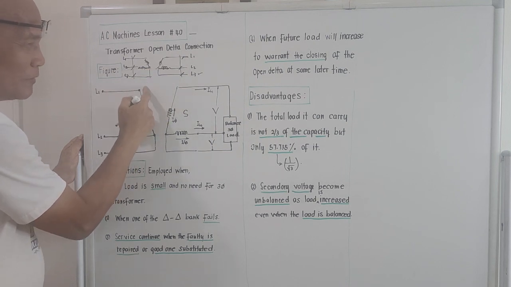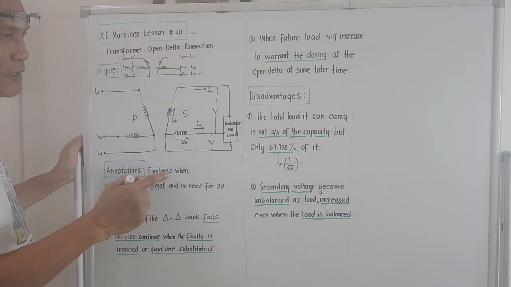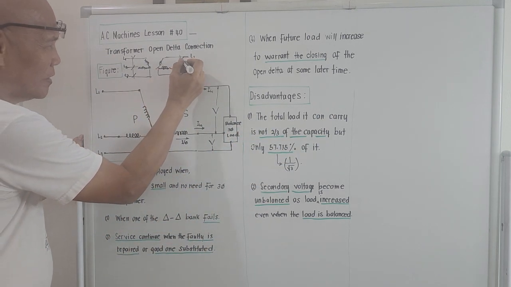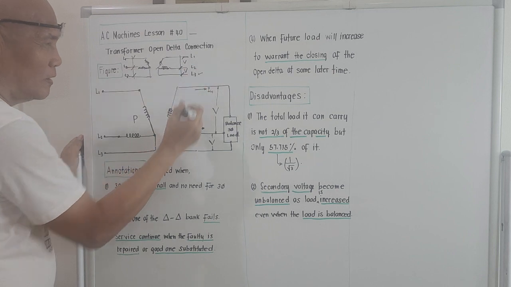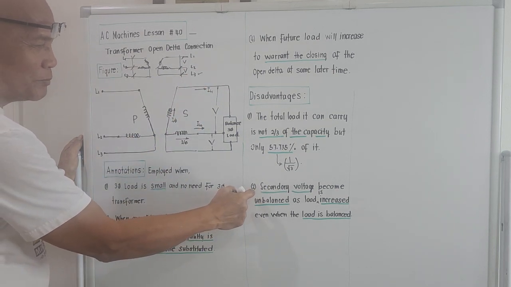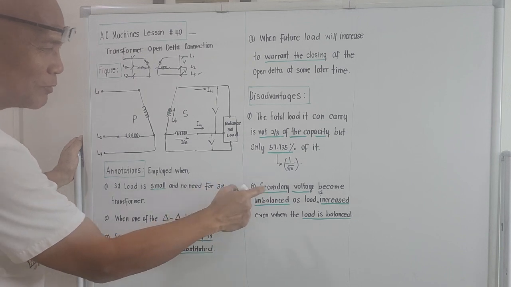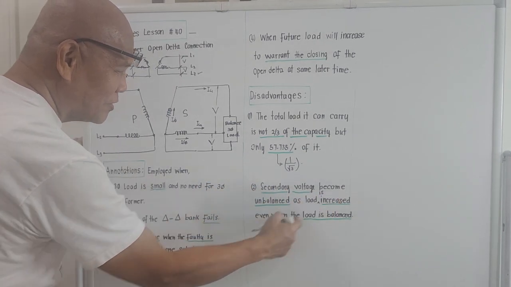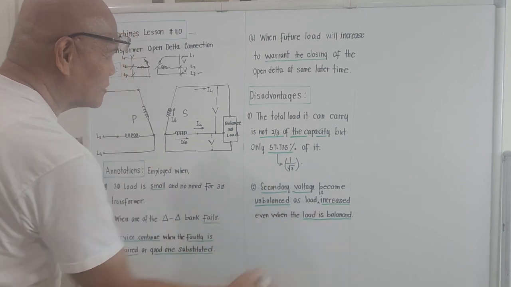So there is actually a problem with this one, right? There's actually a problem. That's why in the disadvantages, under the disadvantages number 2, the secondary voltage windings become unbalanced as the load is increased even when the load is balanced.